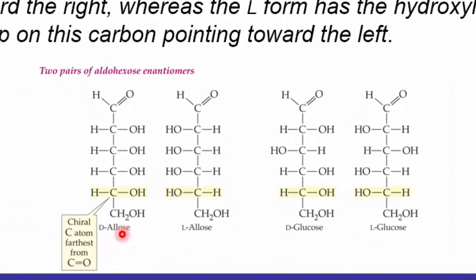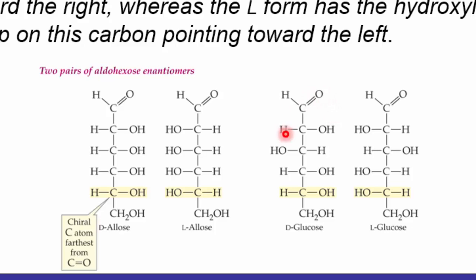So again, here is how to assign D configuration for a monosaccharide: two pairs of aldohexose enantiomers. Here we have allose. Now, how many chiral carbons? It has 1, 2, 3, 4. Number 4 is the highest numbered chiral carbon. Since OH is to the right, this is D. Its mirror image is L.